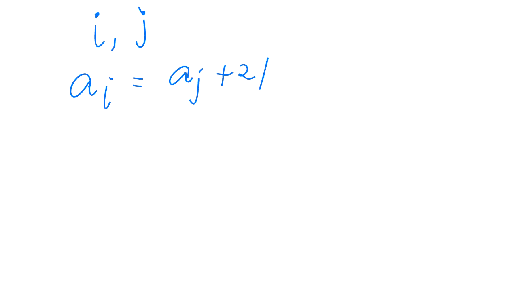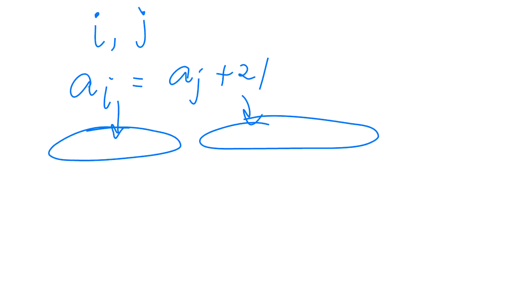So there should be A_i equal to A_j plus 21. I don't care what that i is and what that j is. One should be in the first 77, and the other in the second, and I'm saying these two are equal.